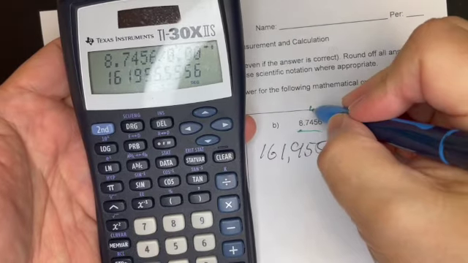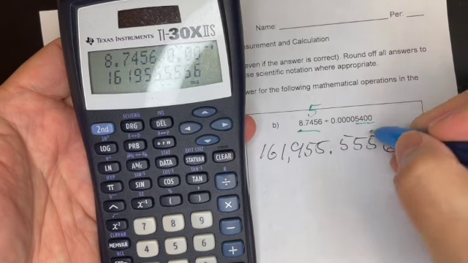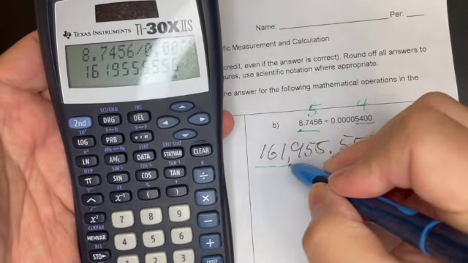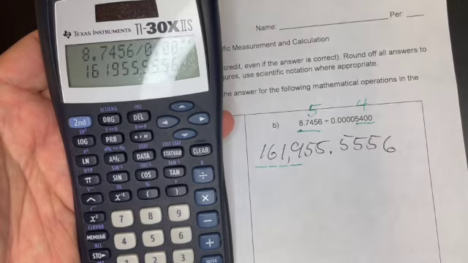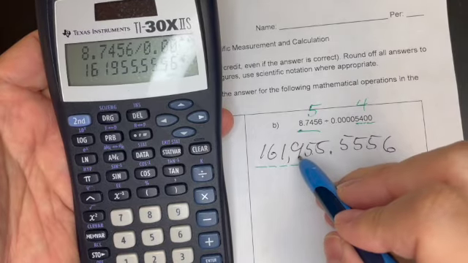This number has 5 sig figs. This number has 4 sig figs. Those zeros count. So my final answer is going to have 1, 2, 3, 4 sig figs. Okay. But here, don't forget to round up.